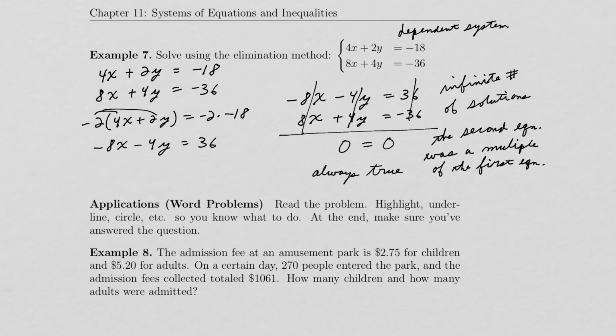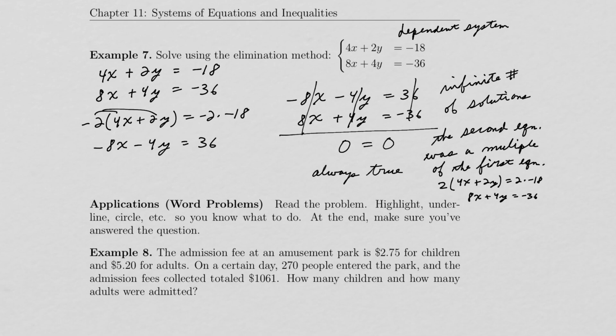And in fact, it was twice the first equation, right? Because if I multiply the first equation by 2, so if I do both sides by 2, I'm going to get 8x plus 4y is equal to negative 36. And that's exactly the second equation.